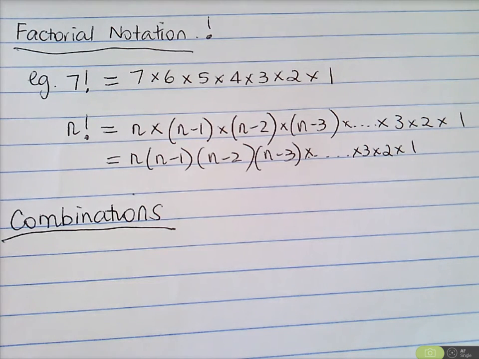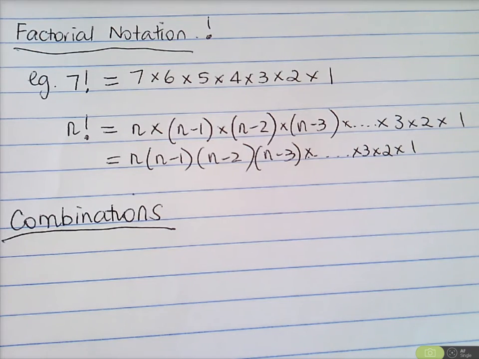If the order does not matter, and the only time order won't matter is if you're just choosing a group of people, a subset from another set, like choosing 3 from 8, or 5 people from 10, the order in which I pick those people doesn't matter. But if I'm choosing those people for positions of president, vice president, yes, order's going to matter, because president is different to vice president. All right?